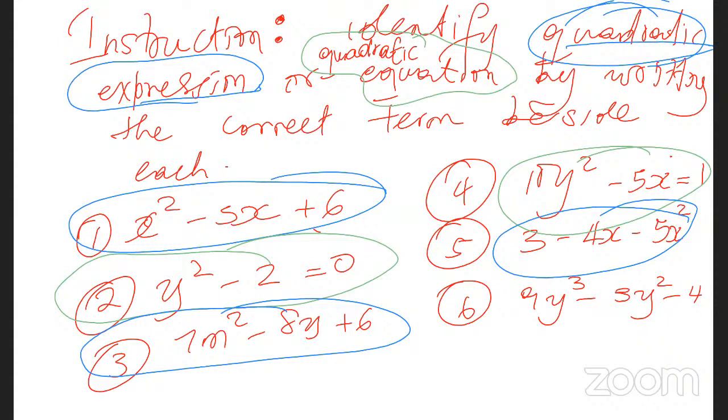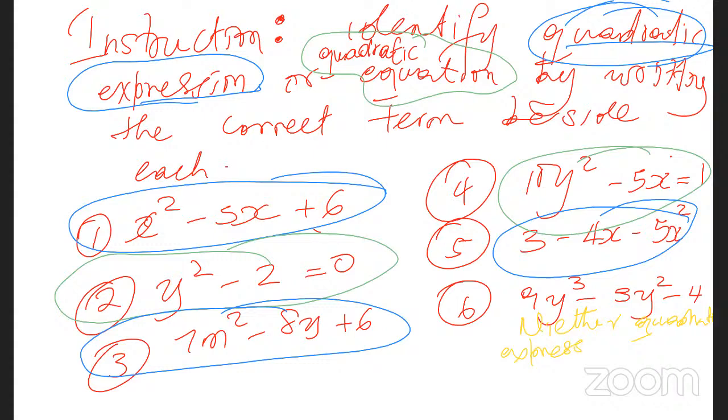Number 6. Yes, miss. Are you sure? Oh wait, no, miss, it's not. All right, so neither. We're going to put that in yellow, neither.